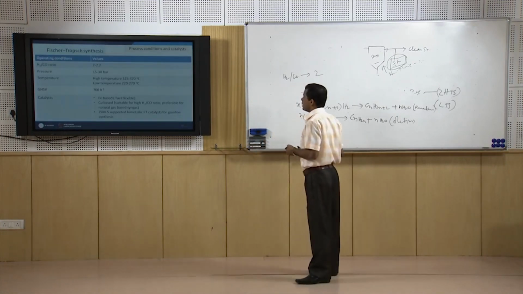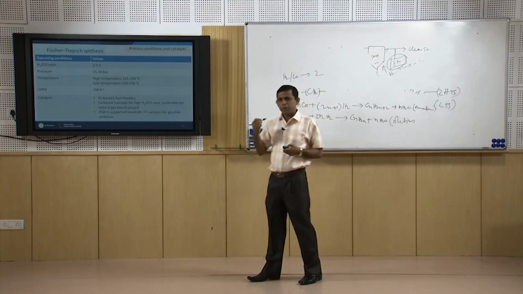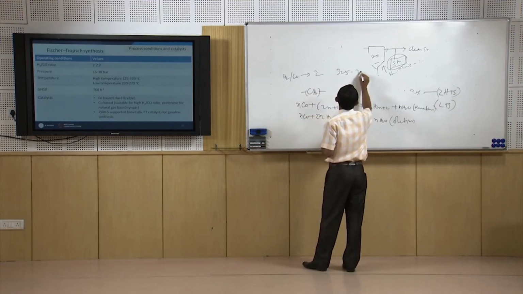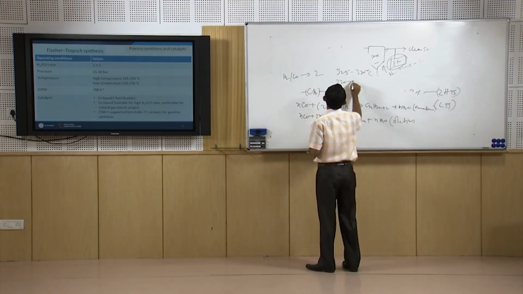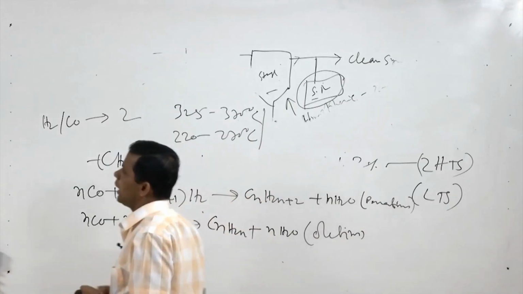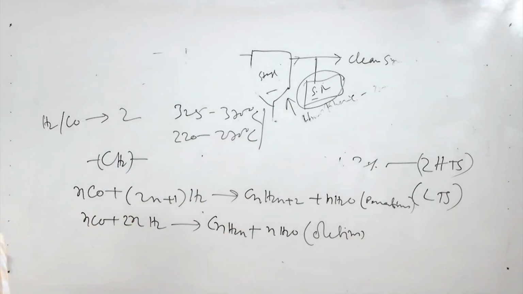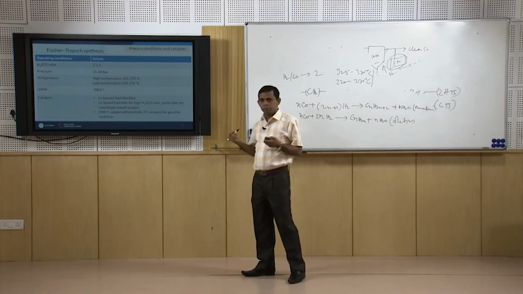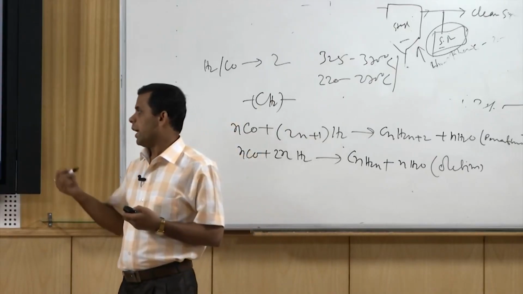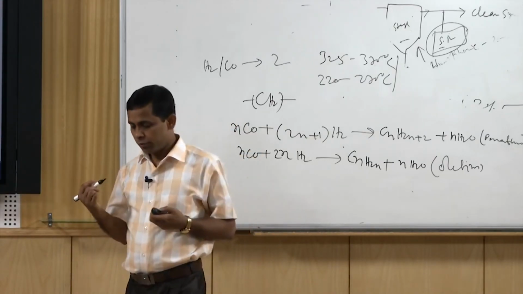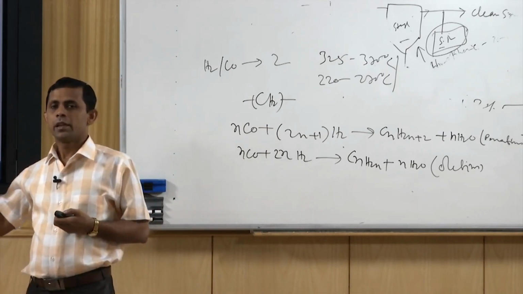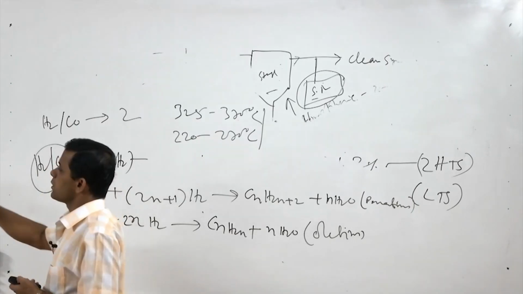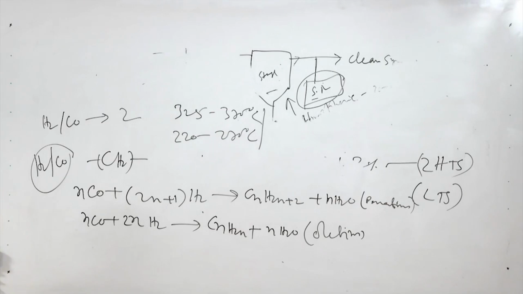In Fischer-Tropsch synthesis, the reactor temperature may be high or low. High temperature means 325 to 370 degree centigrade, low temperature means 220 to 270 degree centigrade, and the catalyst may be either iron based or cobalt based. An iron based catalyst has fuel flexibility, while a cobalt based catalyst is not so flexible with fuel, but it is better to use with syngas of high H2 to CO ratio, and it is basically used for syngas produced from natural gas.